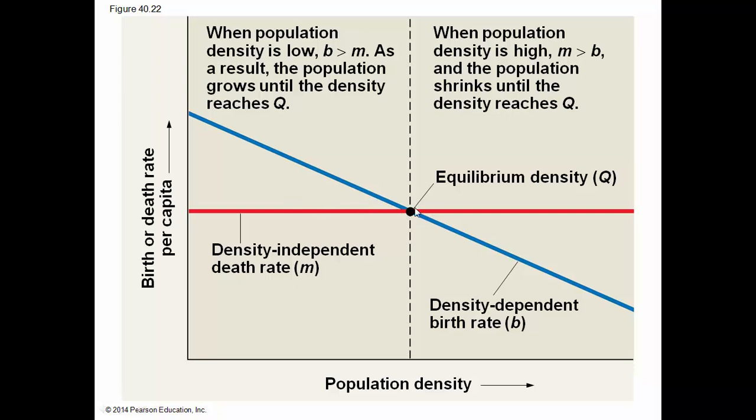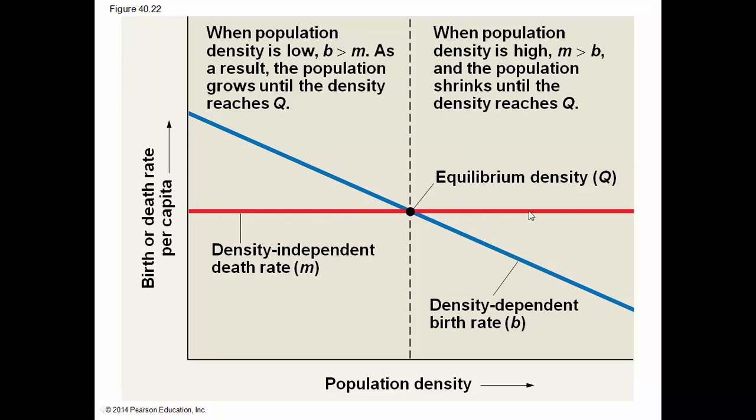Okay, Q is equilibrium density. This is an imaginary optimal population density. When population density is high, mortality is greater than births, and the population shrinks until density reaches Q. So here's the density-independent death rate.